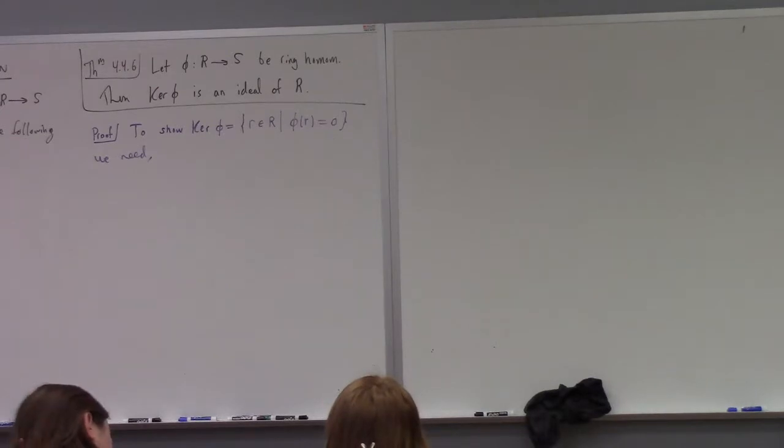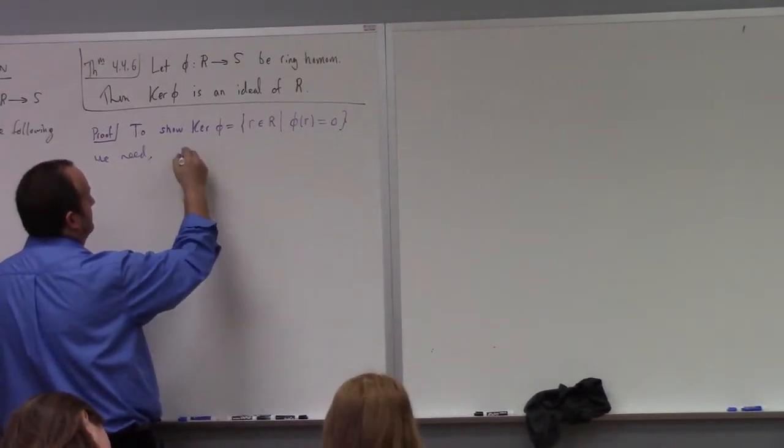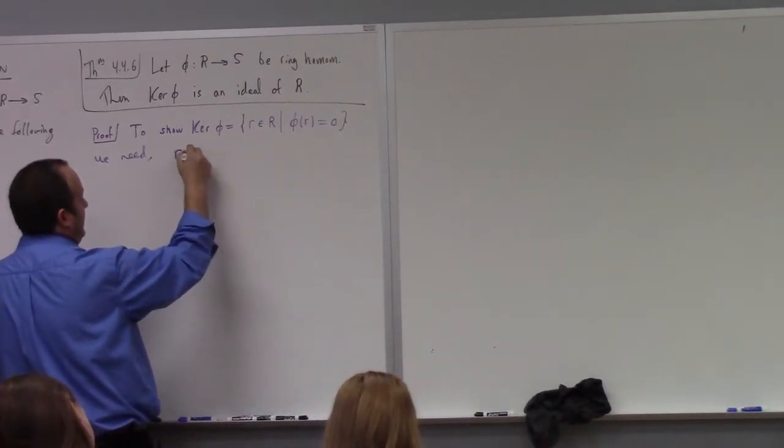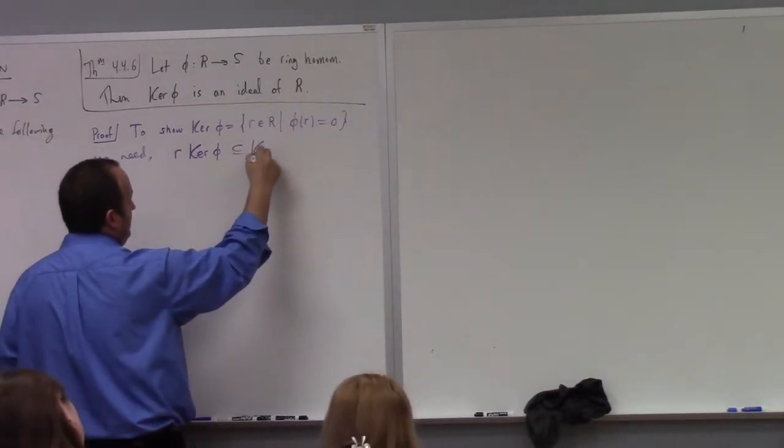What's that? I do think we need absorption closure, right? We need essentially R times the kernel of phi to be a subset of the kernel of phi. That's one thing we need.